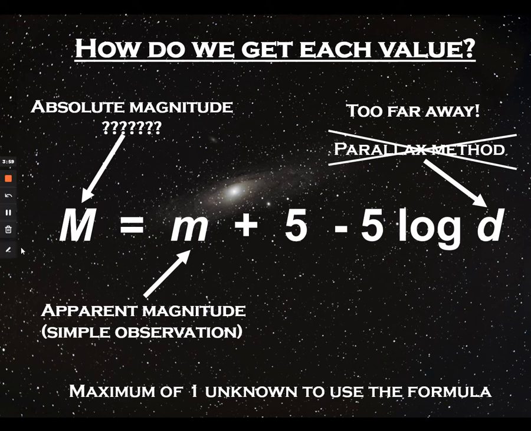So if we've got the absolute magnitude and the apparent magnitude, then the only thing left is to work out D. So Henrietta Swan Leavitt's work gave us the ability to calculate how far away galaxies were as long as we found a variable star in them.